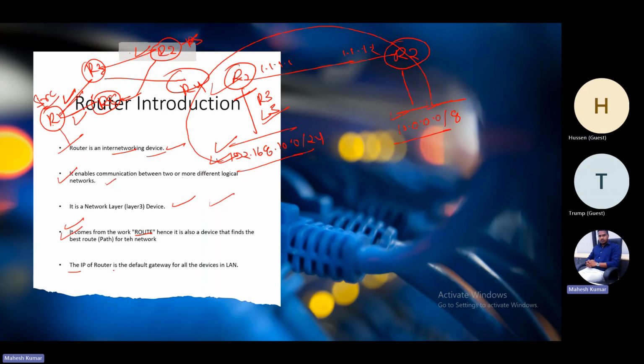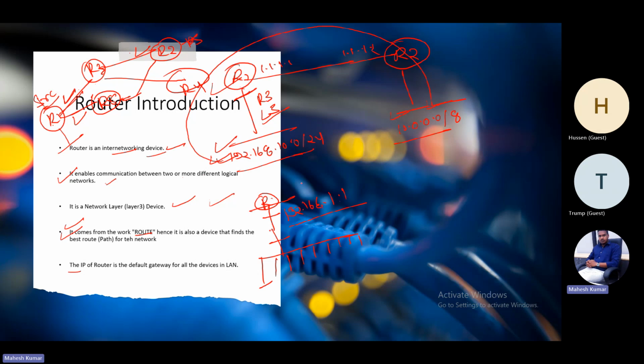The router's IP is the default gateway for all the devices in the LAN. Whatever IP we provide on this interface, say 192.168.1.1, is our LAN network. For all the users connected to the switch, the gateway will be 192.168.1.1.